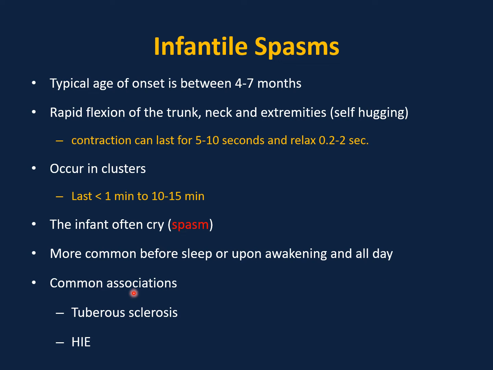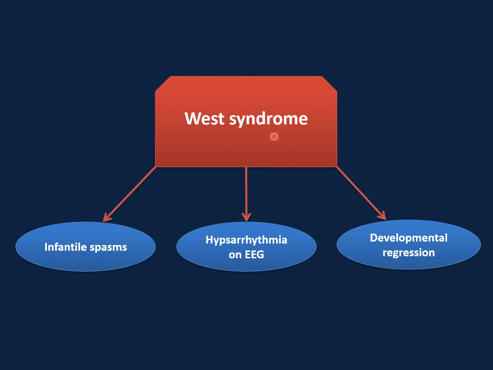Common associations, very important to know: tuberous sclerosis is commonly associated with infantile spasm, and hypoxic ischemic encephalopathy. West syndrome is very important to remember because of the association with infantile spasm.